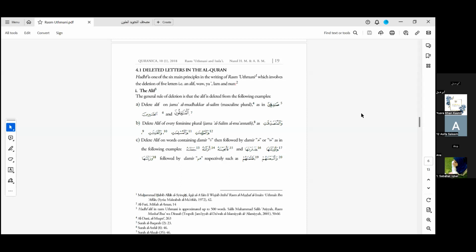The words that I was discussing, this is a research work done by someone. The source is on top, as you can see. So we have deleted letters in Al-Quran. Hazaf, as you know, means to delete.